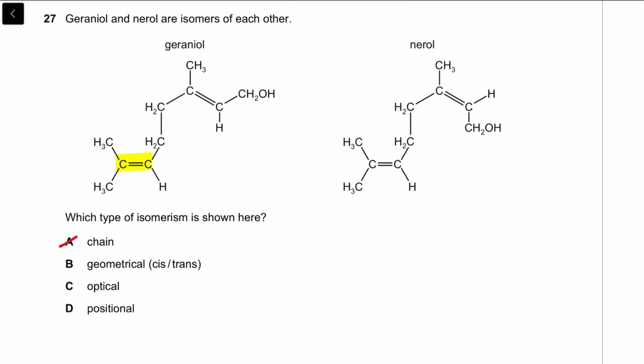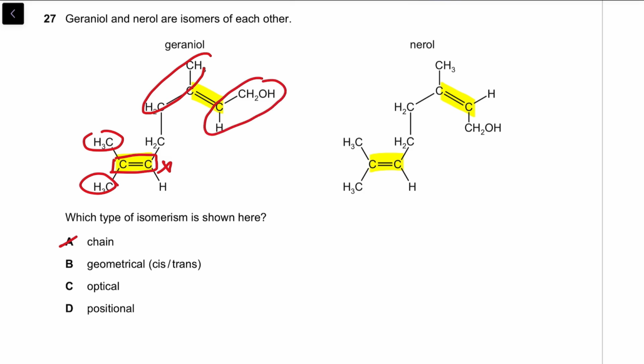If we look at our 2 alkenes, in this one there is no cis-trans isomerism because we have 2 of the same methyl groups attached to one of the carbons. Here we have 2 different groups, so there is a possibility for cis-trans isomerism.